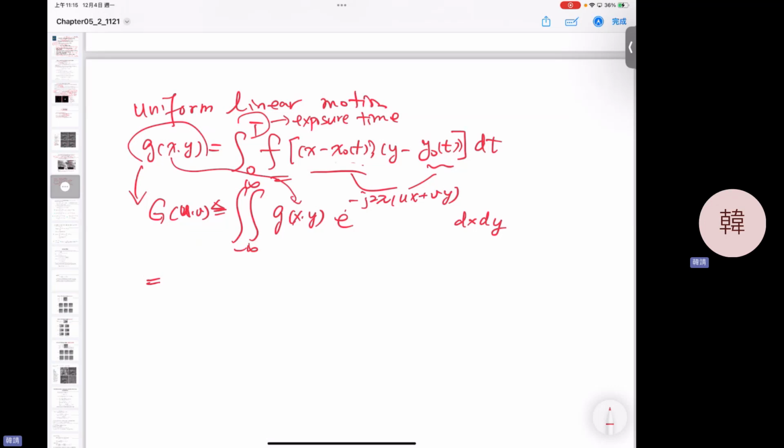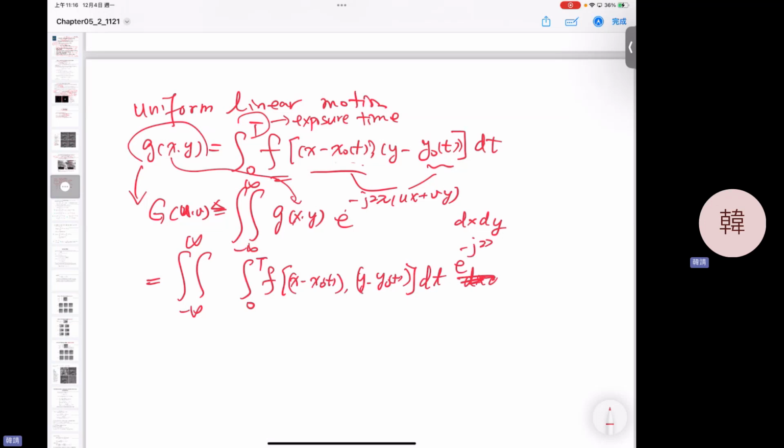Okay, so what do we have? We have G of xy is the integral from 0 to T of f, the motion function, f of x minus x0 t, y minus y0 t, and then dt and dx, times the exponential of minus j 2 pi (ux plus vy) dx dy.